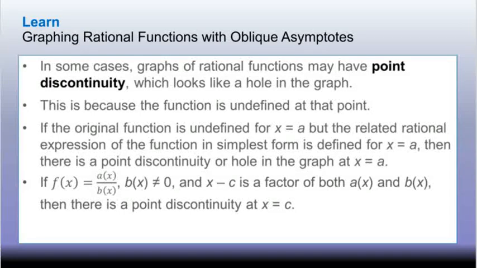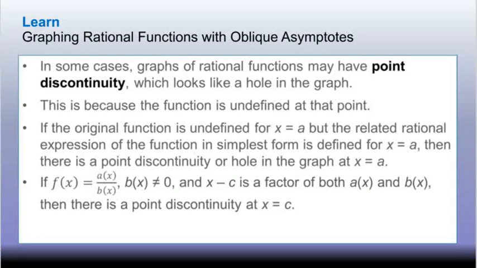In some cases, graphs of rational functions may have point discontinuity, which looks like a hole in the graph. This is because the function is undefined at that point. If the original function is undefined for x equals a, but the related rational expression of the function in simplest form is defined for x equals a, then there's a point discontinuity, or a hole in the graph, at x equals a.